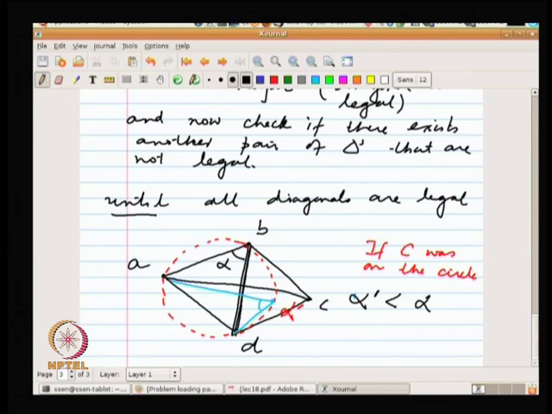What it implies is that if we had used the diagonal AC instead of BD, then alpha prime would have been one of the angles of the two triangles defined by the diagonal AC. Notice that AC is not a legal edge, because we have said BD is the legal edge, and so if you try to draw the circumcircle of ADC, it's going to contain B.